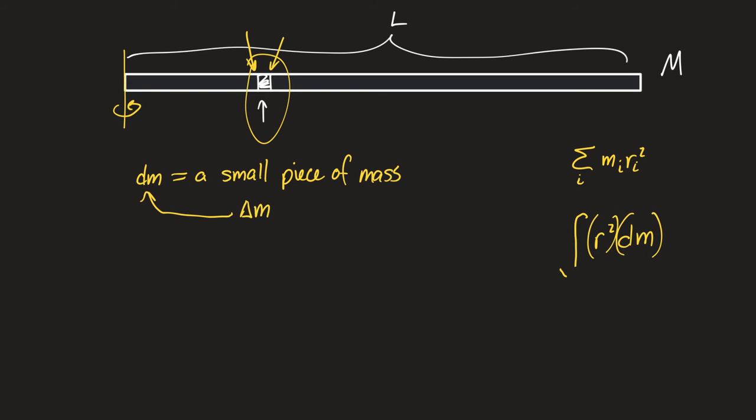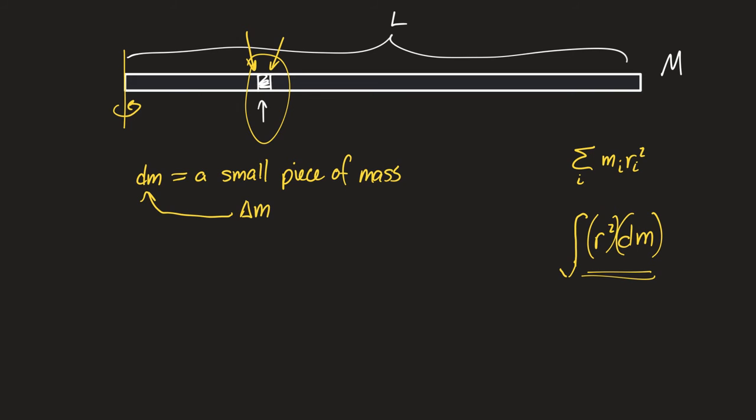Using this formula always requires that we somehow get rid of dm. Our job is to try and create an equation that is about the shape of the object. Now, it's going to be the hard part. So we have to change this so it's not about the mass of the object, but it's about the shape of the object.